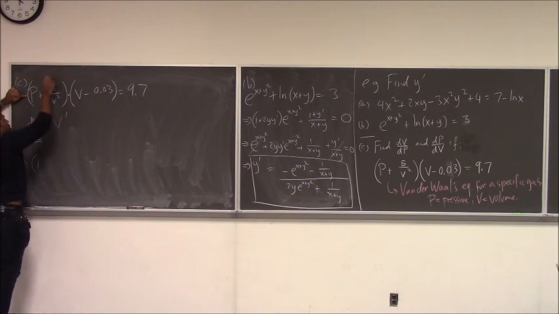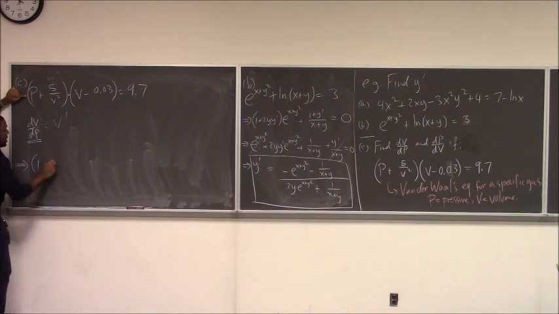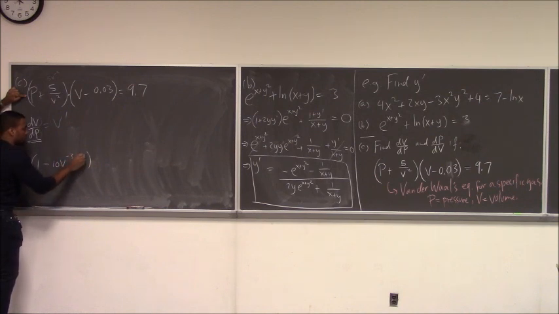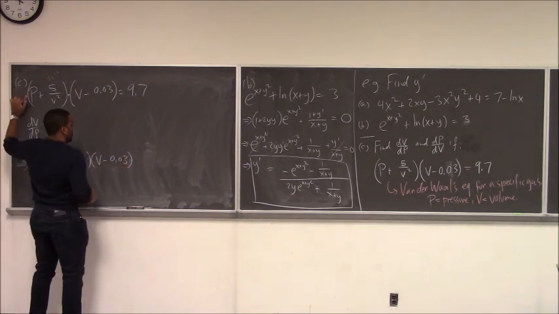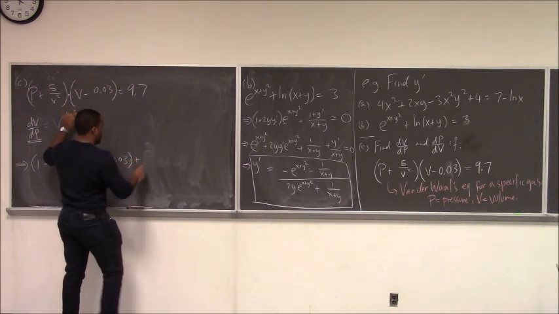This guy I would think of as 5v to the minus 2. So that would be 1 minus 10v to the minus 3 v prime. In other words, just for emphasis, let's write dv dt. Leaving this guy alone. Plus, leaving this guy.